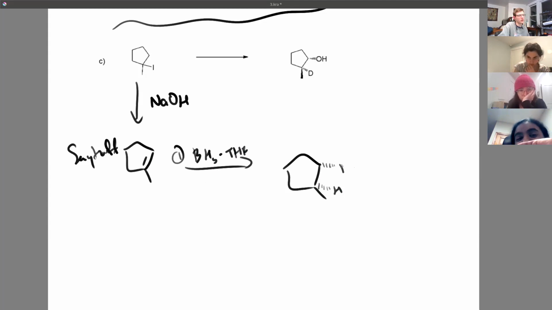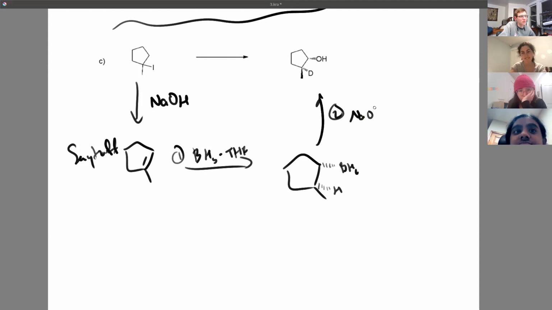Oh, wait, and there's the BH2, right? And then step 2, we get rid of it, right? NaOH, and then there's also some hydrogen peroxide that goes in here or whatever. And that puts this alcohol on there.